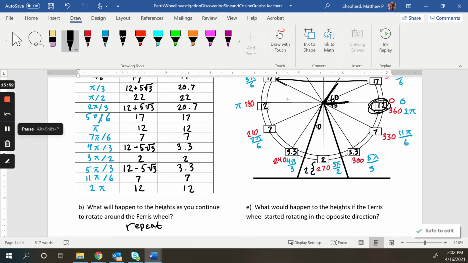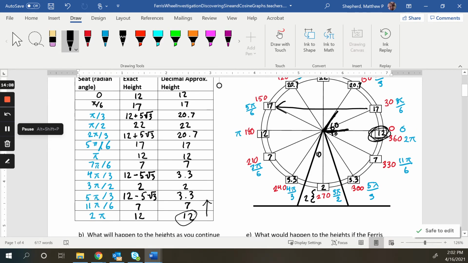So notice what we've got right here, 12. We would see all those same numbers, but we're going to see all these numbers just backwards. Okay? But notice this 12 that we have on our thing came from the same place as the other 12, right at the beginning.